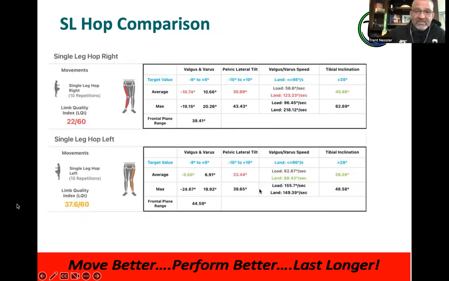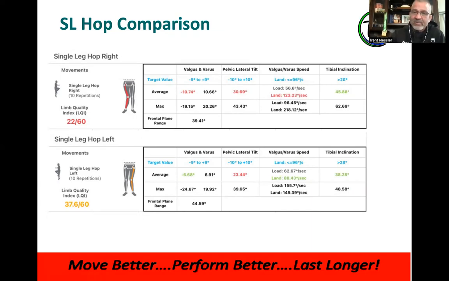Then when we go to his single leg hops, what we get here, again, his average is 10.74. When I look at 10.74 and it should be 9, I'm really not that concerned about it. What I typically do is if I see that it's a little bit over on the valgus, the first thing I do is I jump over to the speed and see what their average speed was.